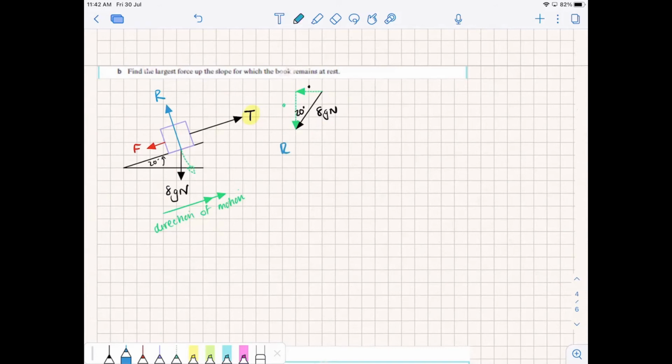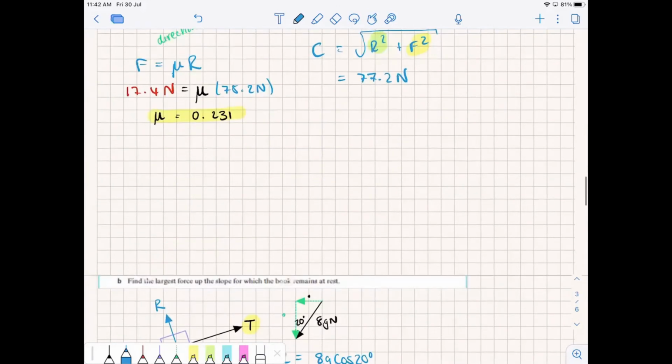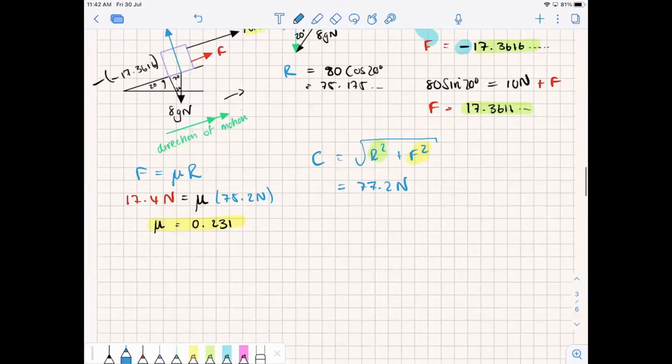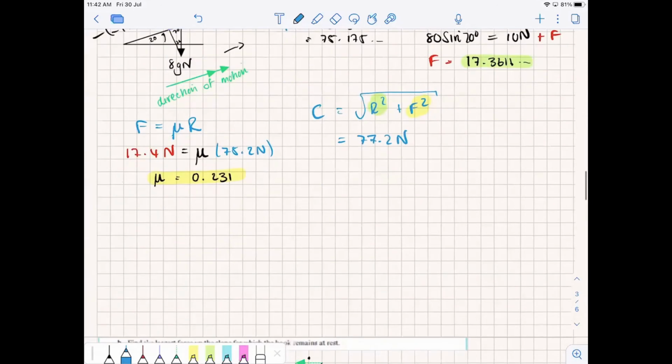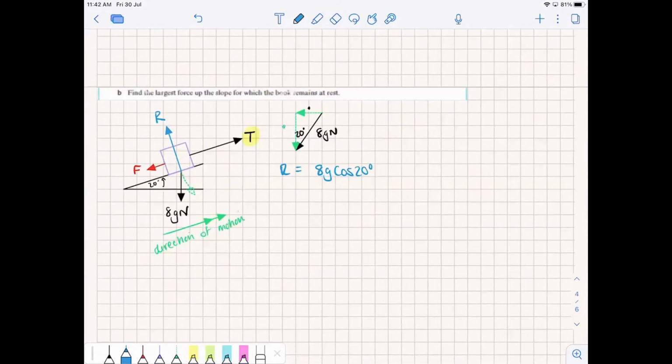So R was just equal to 8G times cos 20 degrees. It is the adjacent side. Exactly the same as the previous one. 8G just being 80, the G just being 10.